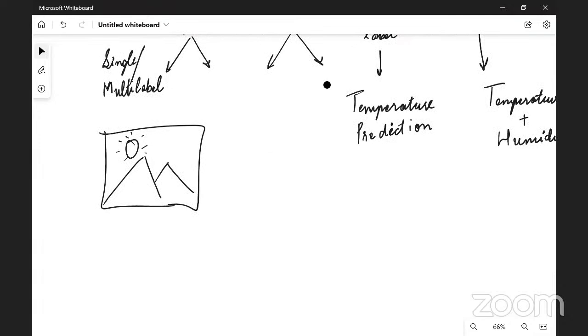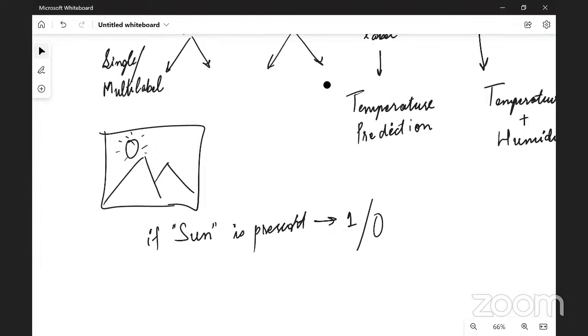So presence of an item. If sun is present, you can say just 1. If it is not present, then 0. So this is binary classification, whether something is present or not. It could be whether it is a cat or not, whether it is a dog or not.